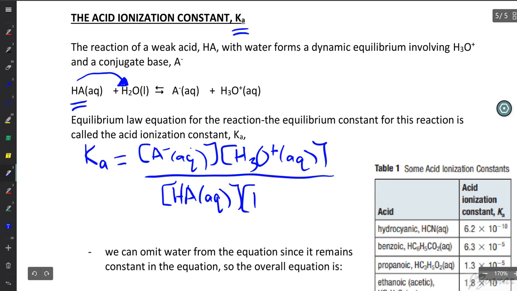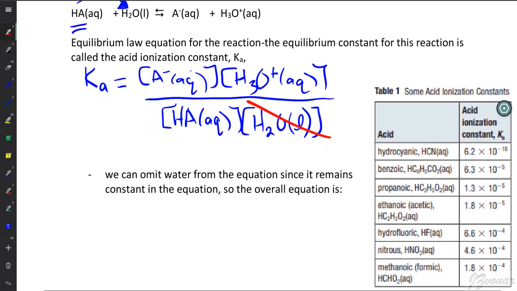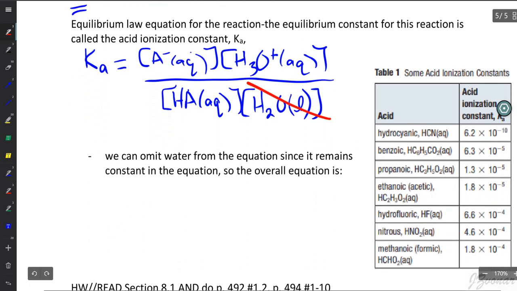But you'll notice that this is not a homogeneous reaction. So therefore, we need to incorporate the water, H2O liquid, into the equilibrium ionization constant Ka. All right, so I take that out. If we omit water, we include it into the equation.